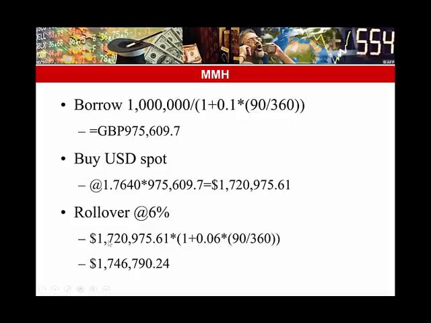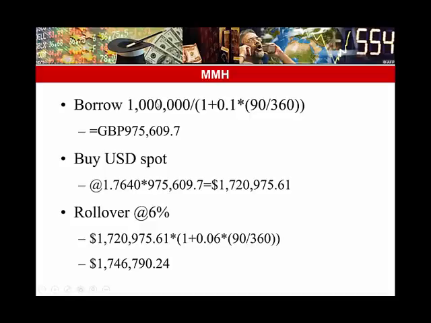And 1,720,975 multiplied by 1 plus 1.5% turns out to be 1,746,790. So this simply implies that in 3 months, or in June, we will be able to receive 1,746,790 in exchange for 1 million pounds.